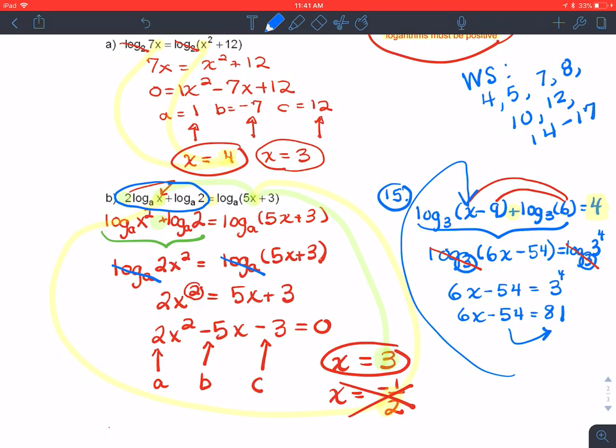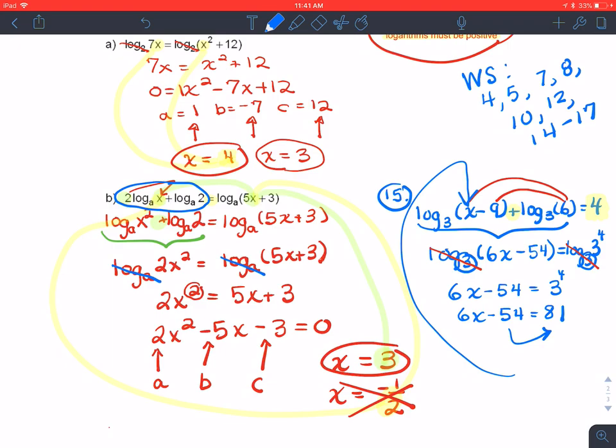Now, if that happens, that you only have one answer, you plug it back in, and it creates a logarithm's argument that is 0 or negative, and you have to throw that one answer out, well, then you would say that your final answer is simply no solution.